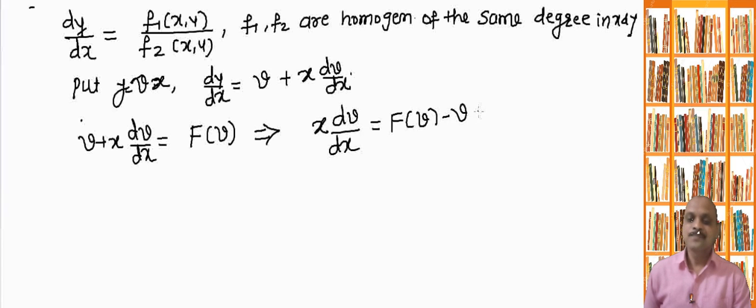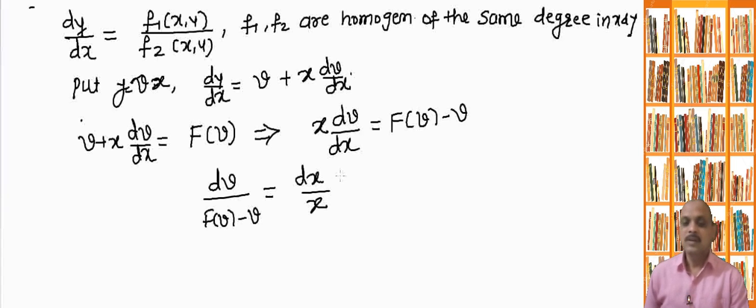This gives dv divided by f of v minus v equal to dx divided by x. You can see that the terms on the right side contain only the x variable and the terms on the left side contain only the v variable. So here variables are separated and we can easily integrate these equations.